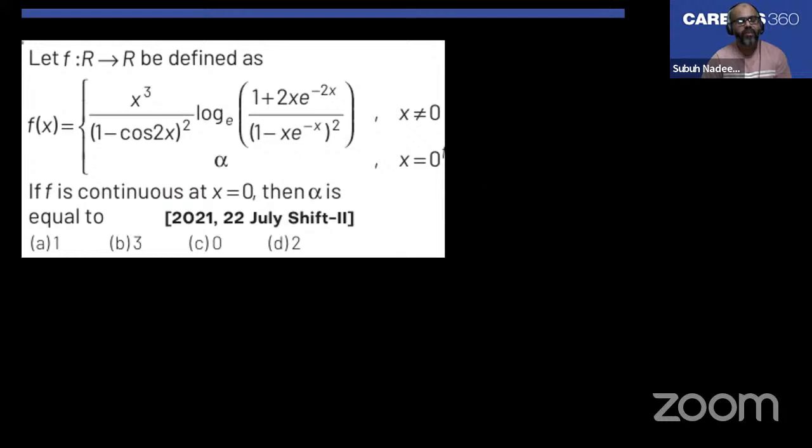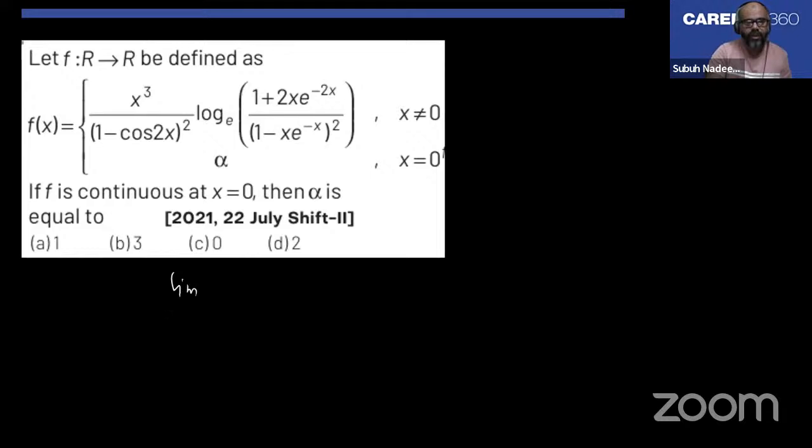Now they're saying that if f is continuous at x equal to 0, then alpha is equal to. That means when x is approaching 0, the limiting value will be equal to alpha. So we have to find the limit basically.